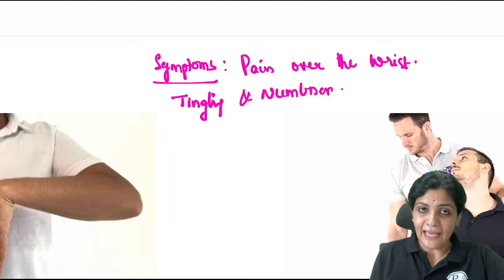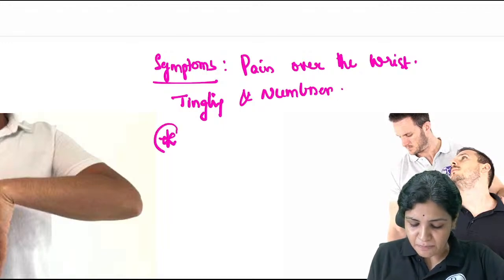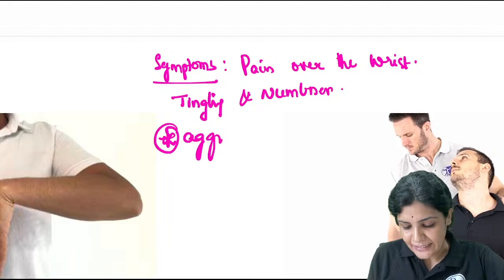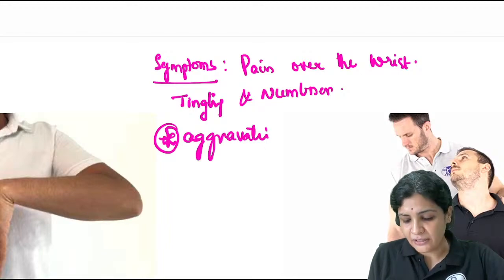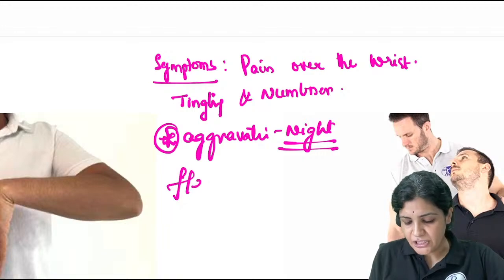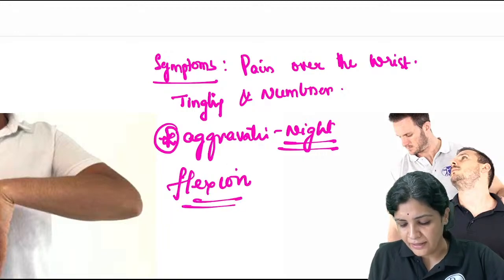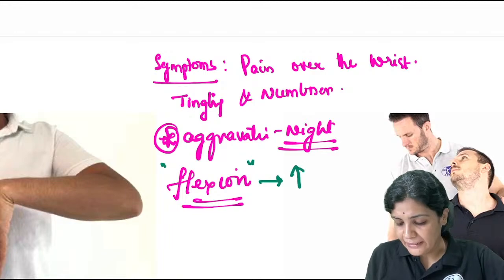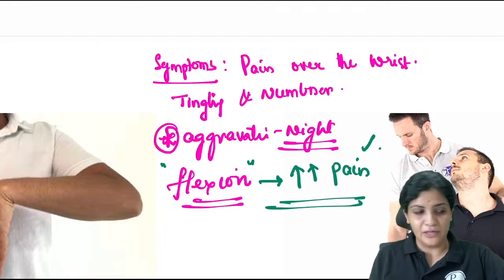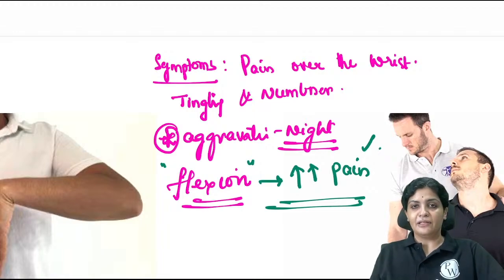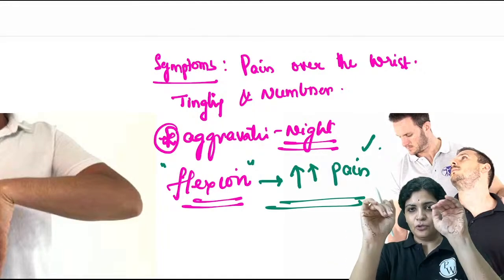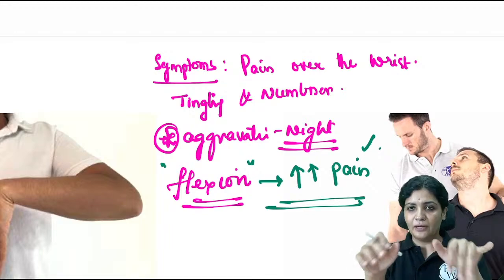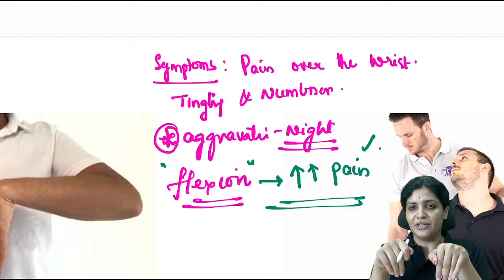Usually this pain aggravates at night time, and whenever a flexion component is involved, the pain increases. What are the areas where this flexion component is involved? For example, whenever you work on your laptop or computer, you have to flex the wrist, right?